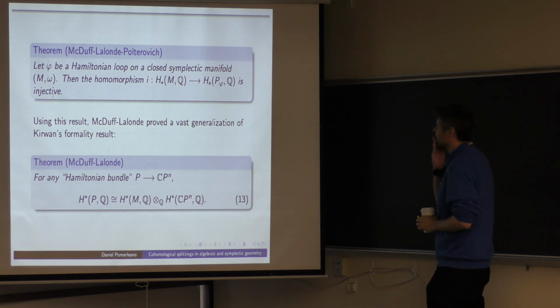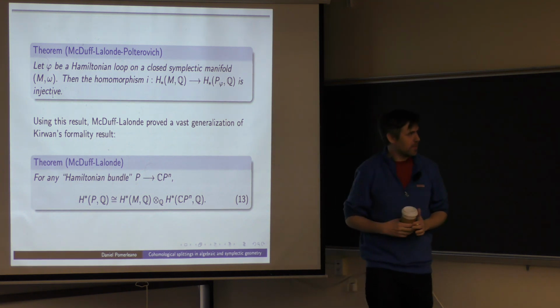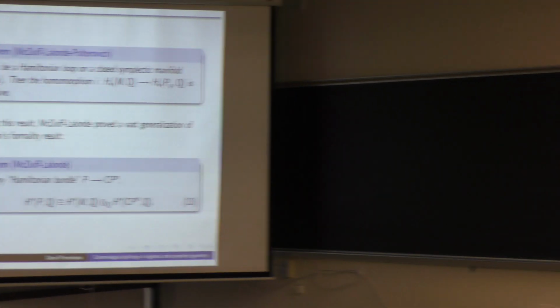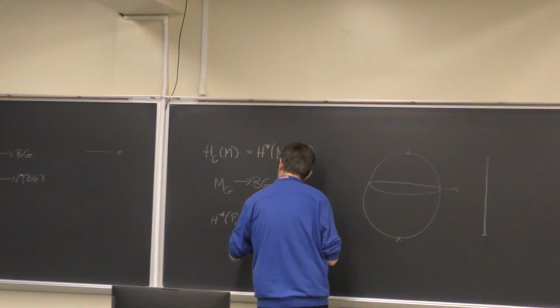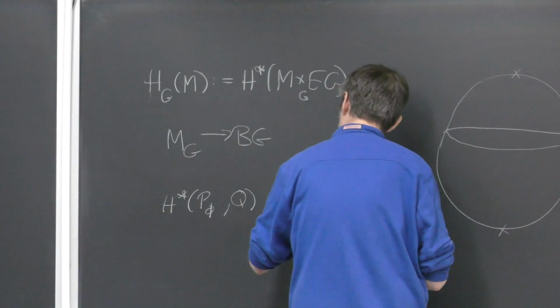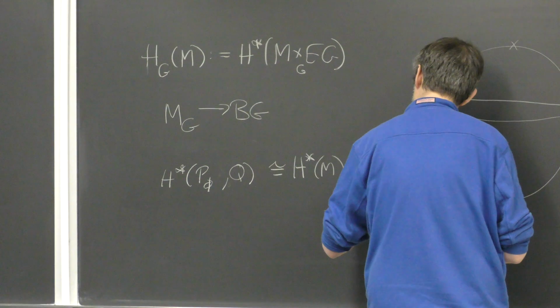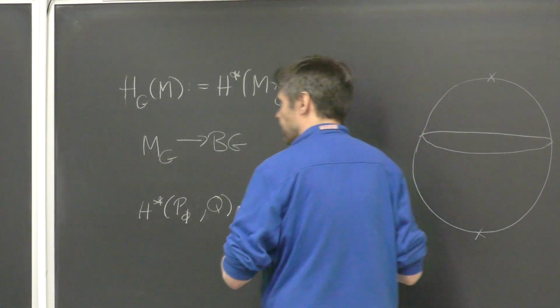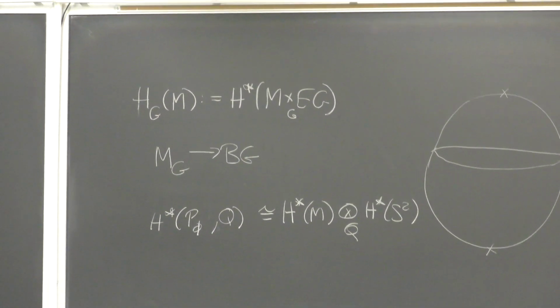And if you think about what that means, by some standard Leray spectral sequence arguments, the cohomology of this P phi with Q coefficients has to be isomorphic to the cohomology of M tensor over Q with the cohomology of S2. If you play with the Leray spectral sequence a bit, you get that very easily.